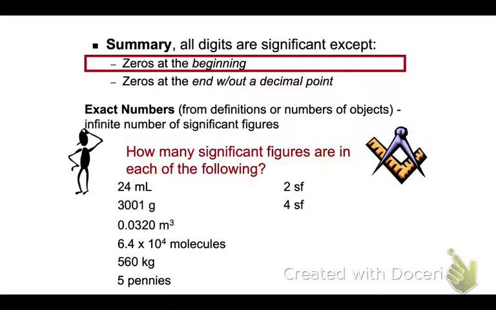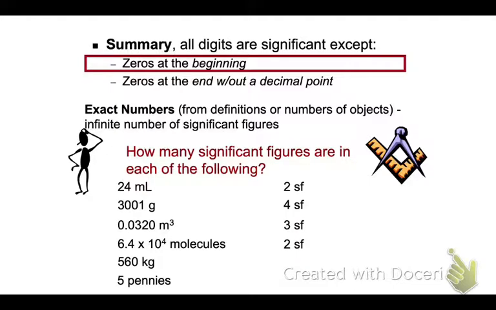Remember, the zeros at the beginning are not significant, but after a decimal they are, so we have 3 sig fig. 6.4 times 10 to the power 4 molecules. Anything in scientific notation, everything in the coefficient is significant, and therefore I have 2 sig fig.